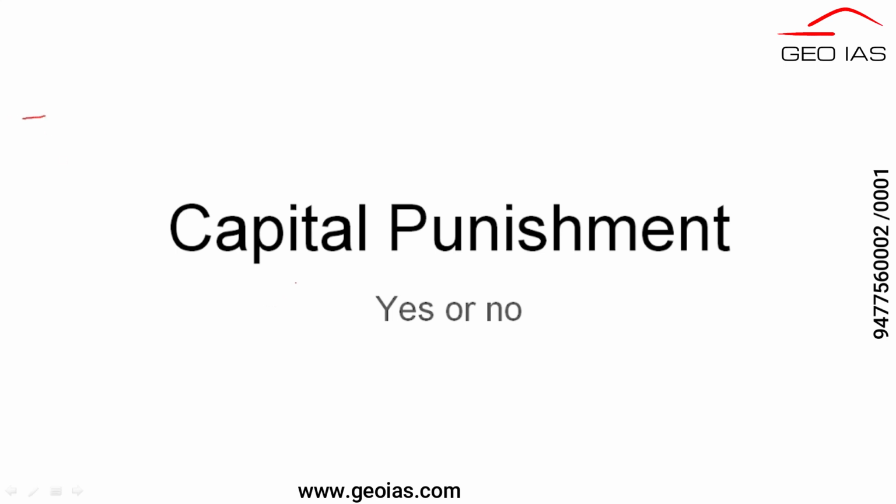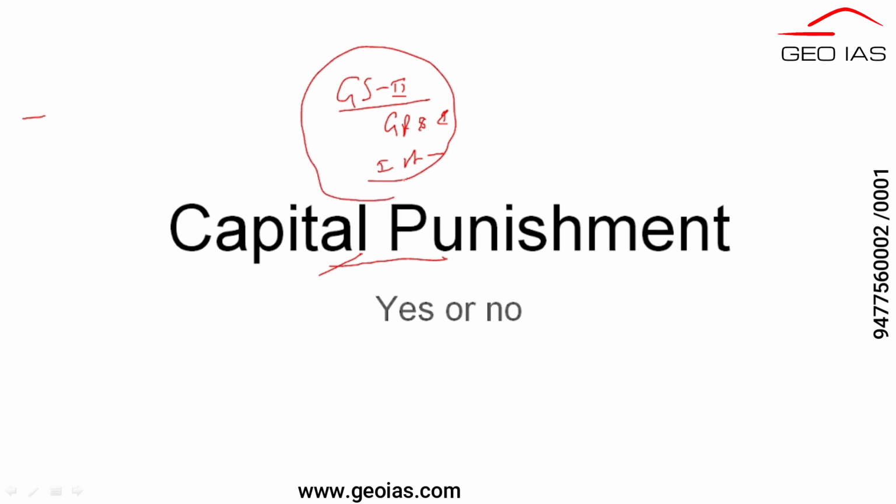In this session, we are going to understand the recent debate on capital punishment. This topic comes under General Studies Paper 2 of the Civil Service Examination, under the topic Government Policies and Interventions, Issues arising out of design and implementation of policies.